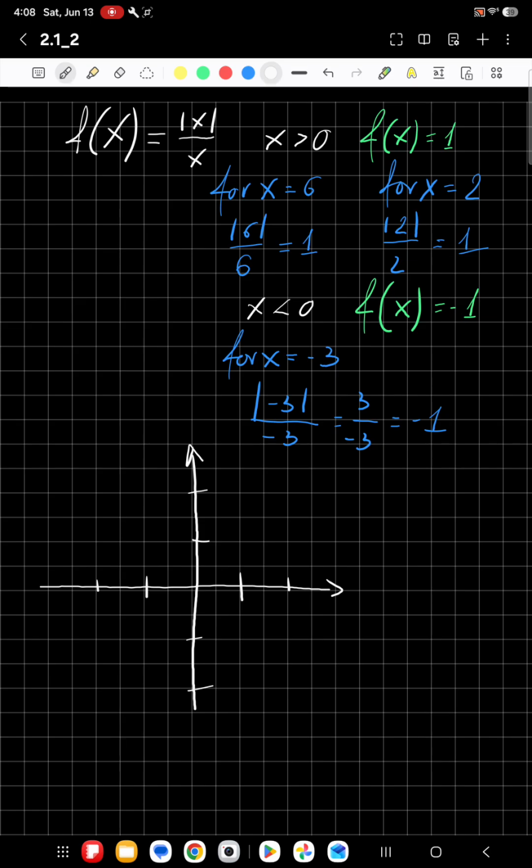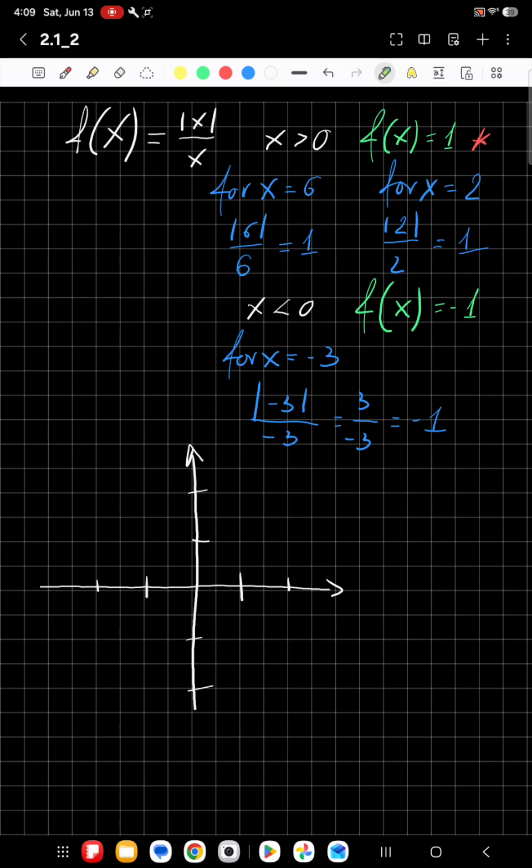For 0, my function is undefined. So I'm graphing this one first, f of x equals 1. That function applies to x's that are bigger than 0, so these x's.